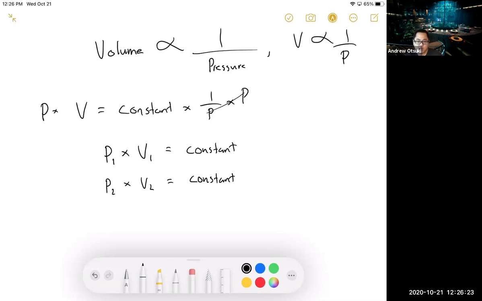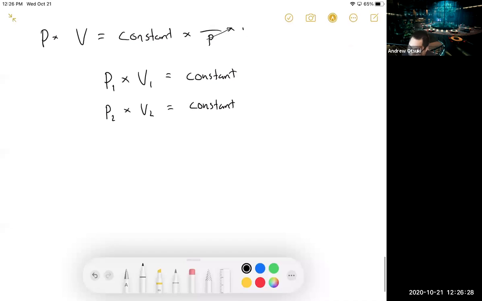And that's what we mean by having two equations that are proportional using variables. So we could say P1 times V1 equals P2 times V2. So now if my pressure increases in one, then to make sure that both sides are equal, my volume must decrease based on this multiplication here. Okay, so we'll go into an example of how this works.